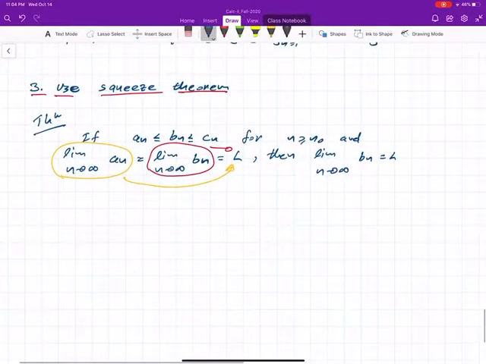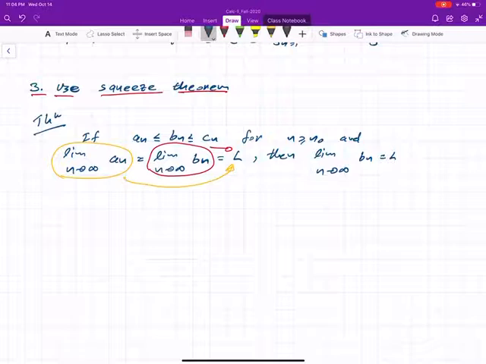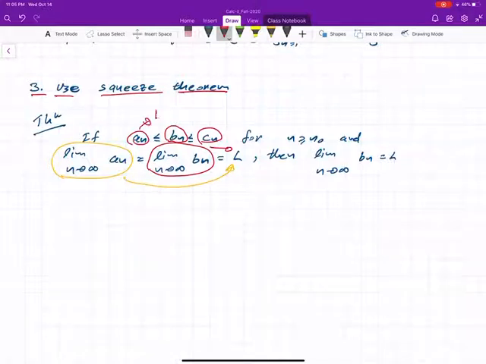What this says is you have three sequences. One sequence is in the middle, and the other two sequences are left and right. The limit of that one goes to L. The limit of that one goes to L. Then what about the limit of the middle one?